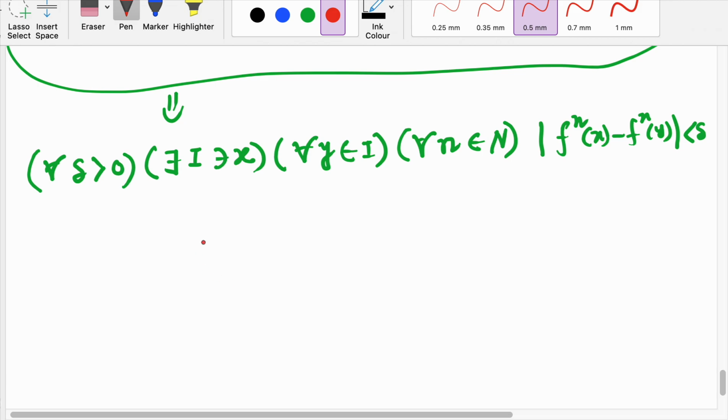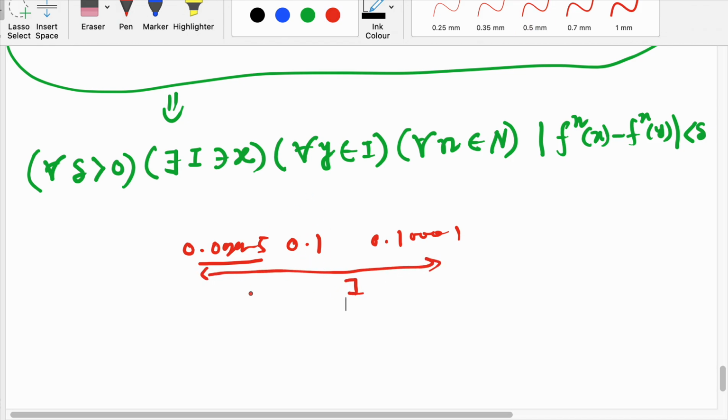Suppose there is a point 0.1 and here is a point 0.9999 and here is a point 0.9995 and here 0.010001. Suppose I find an interval I, and I choose any point from this interval. Suppose my real actual world value is 0.1 and my measuring instrument tells me some value between these two here.